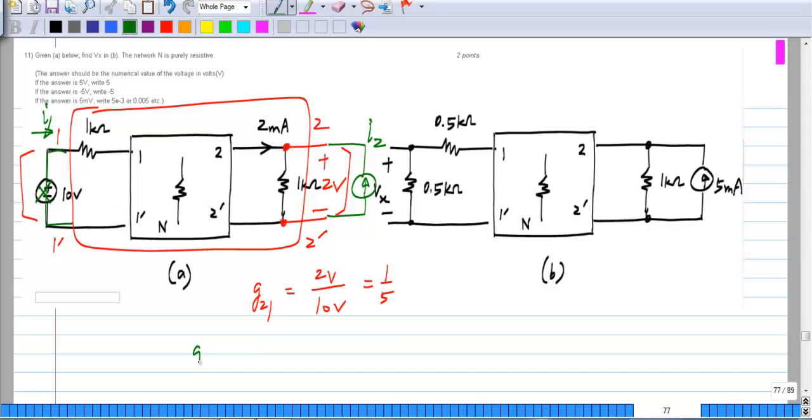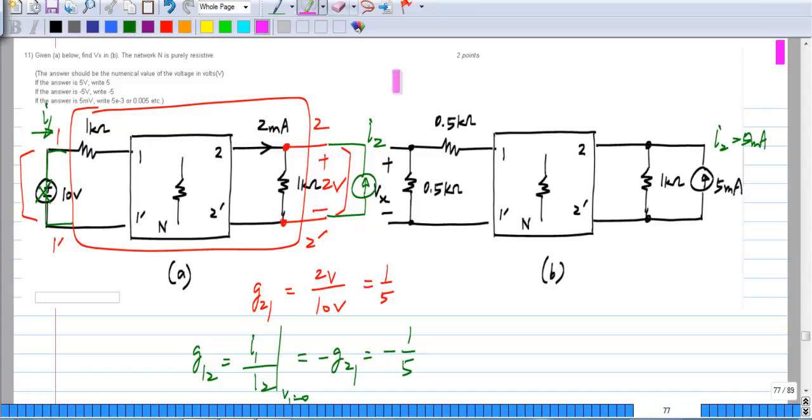So my G12 will be I1 by I2 with port 1 short circuited of the new 2 port, and this will be minus G21 or minus 1/5. Okay. So now that's exactly the situation I have. I have this current source across this 1 kilo ohm, which is 5 milliamps. Okay. My I2 is 5 milliamps.